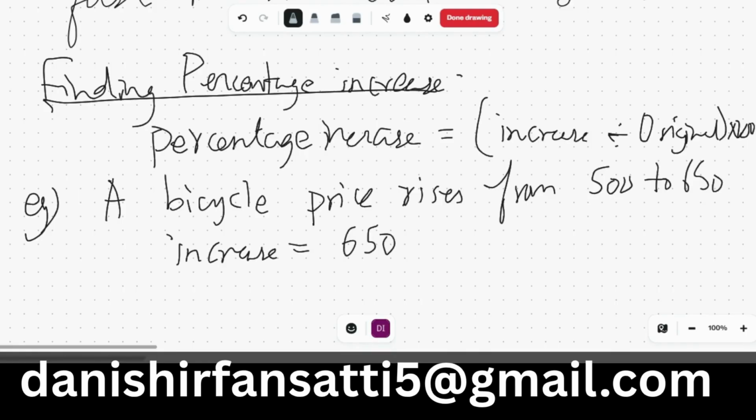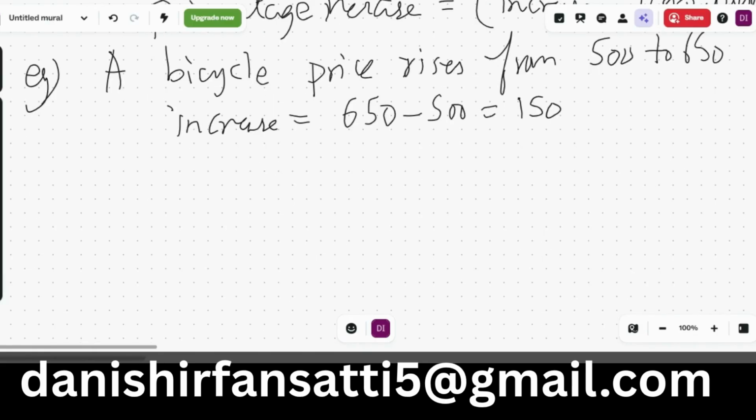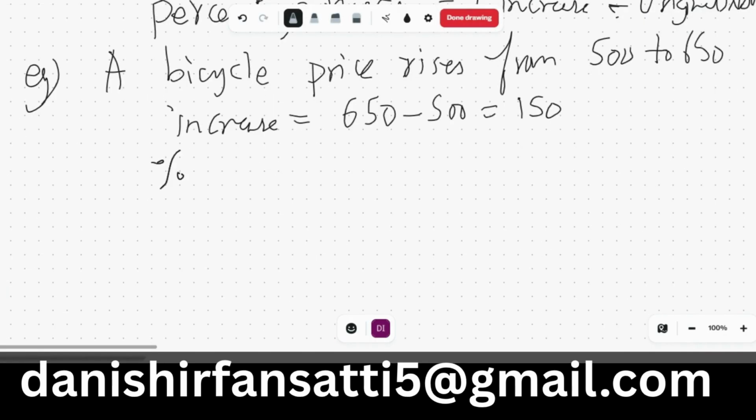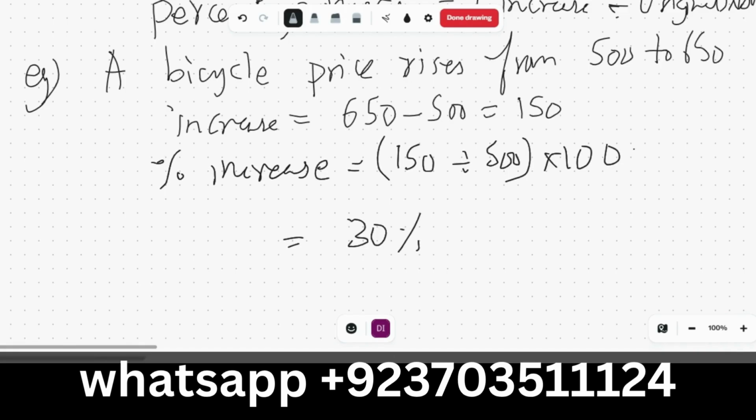The price is 650, the old price is 500, so the price increase is 150. Percentage increase is increase divided by original value. Increase is 150 divided by 500 into 100. So that will give you 30% increase.